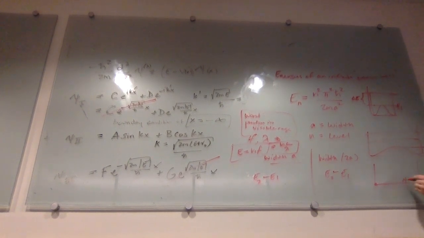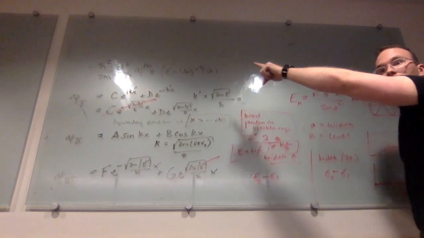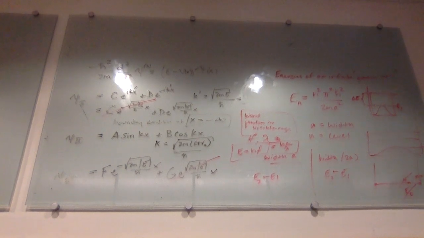Exactly. The reason we can't have psi of n where n equals 0 and therefore E of 0, even though they solve the Schrodinger equation, for a string we could. It's fine. It just doesn't make a sound, but whatever. We can't have this because it's not normalizable, because the integral over all of space is 0. There's nothing we can multiply to make it 1, so it cannot be normalized.